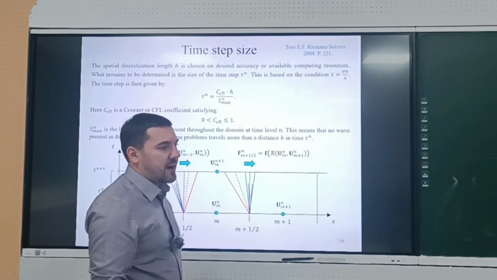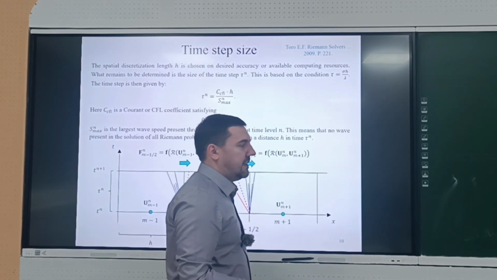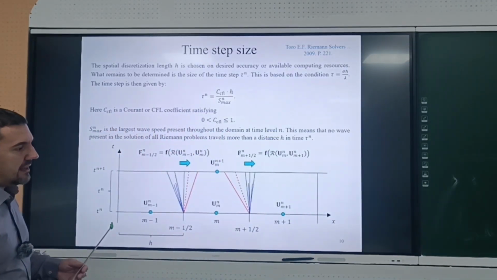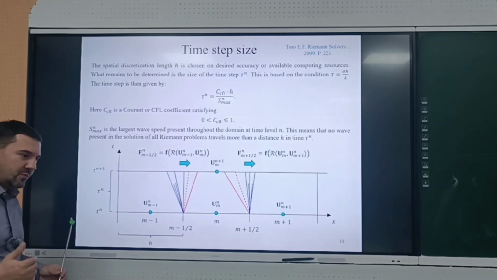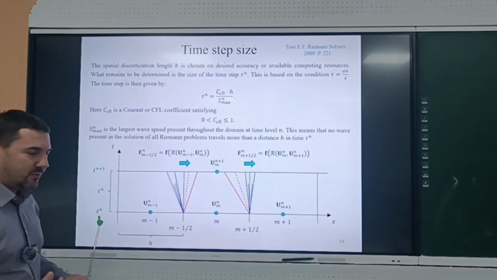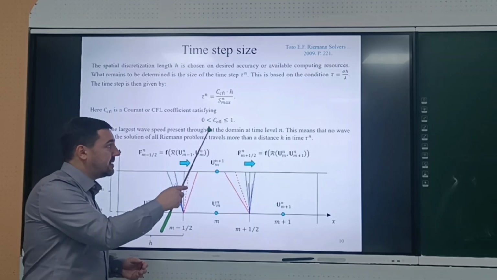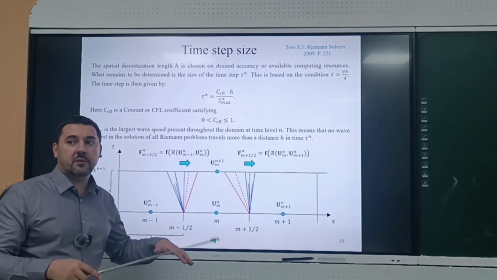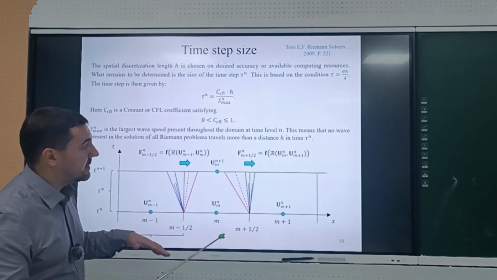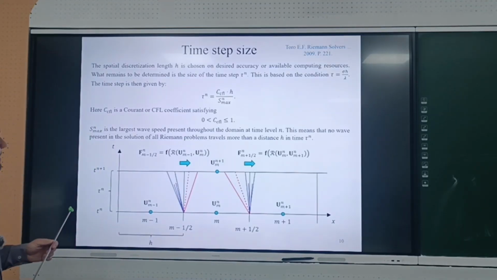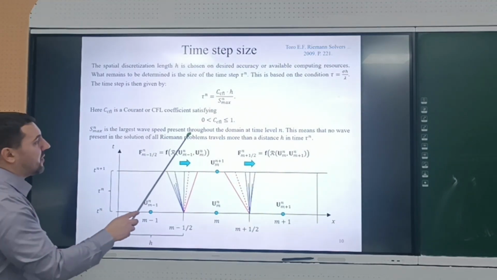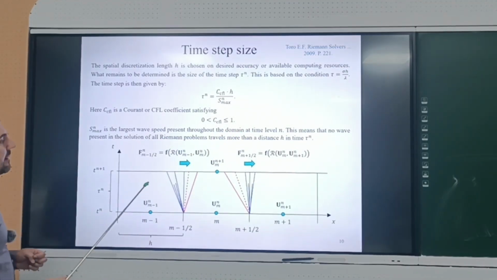It's a user-defined parameter, so it mimics that this situation is non-linear. If you want to add stability to our simulation, we should take this C_CFL parameter smaller, for example, 0.5 or 0.3 or 0.1 or something like that. S_n max is the largest wave speed present throughout the domain at time level n.